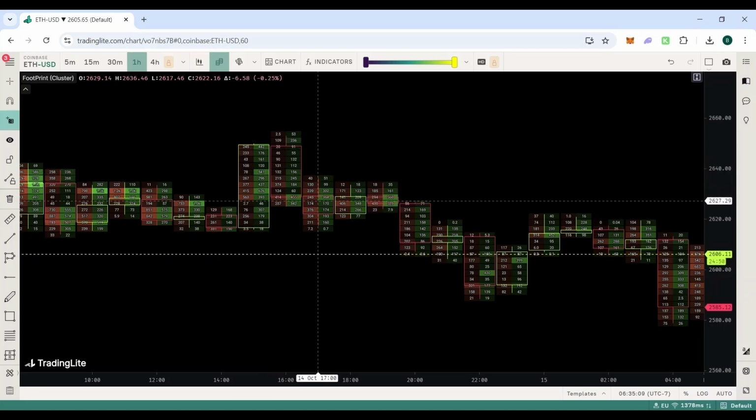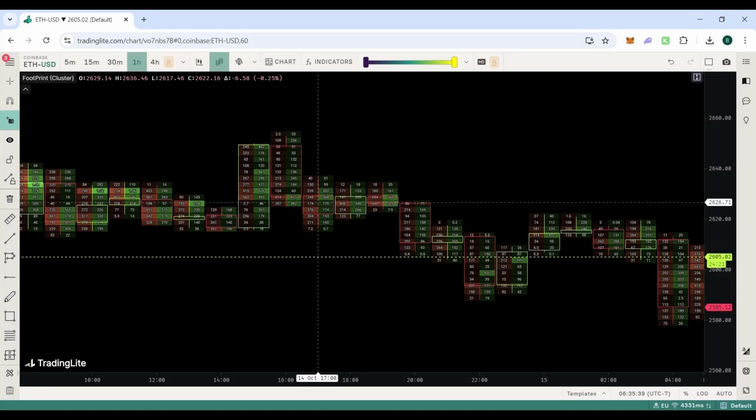Okay, and the next candle shows the same, minus 6.58. So that's basically how it works. The buy market order and the sell market order are summed up and added up, and that's how they get the delta. The delta can actually be an indication to tell you which direction price is going.